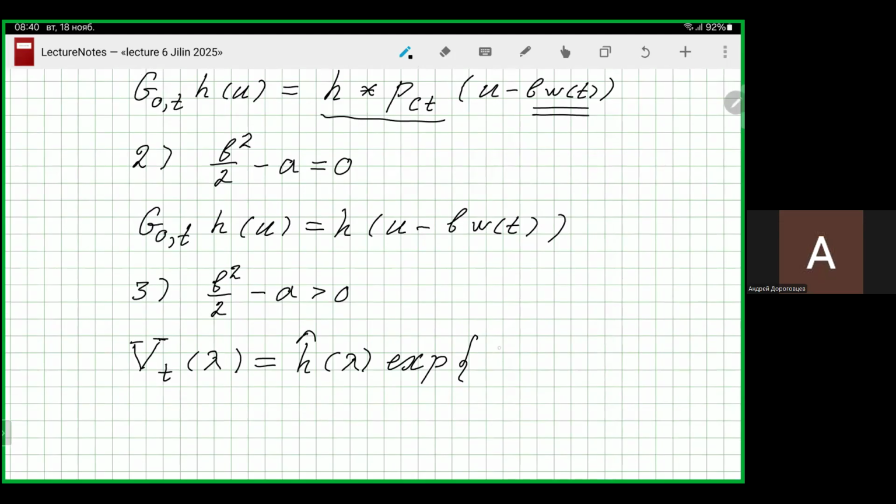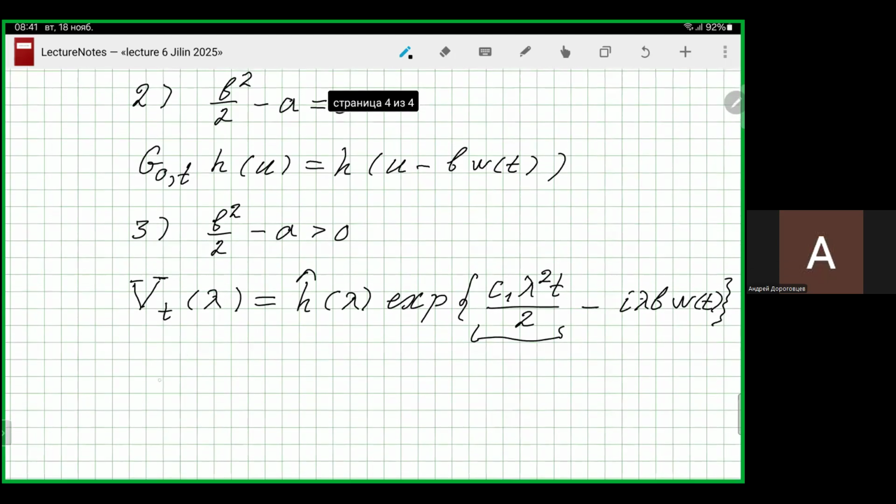Let me put here C1 lambda square T over 2 and minus i lambda BWT. This term is nothing of interest now, but this one is, because now C1 is greater than zero.